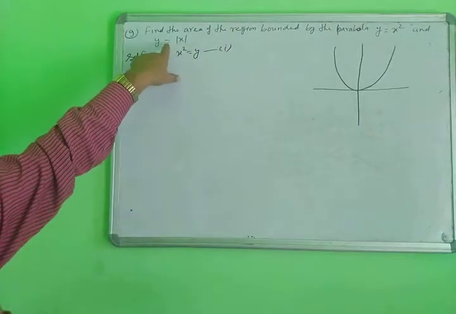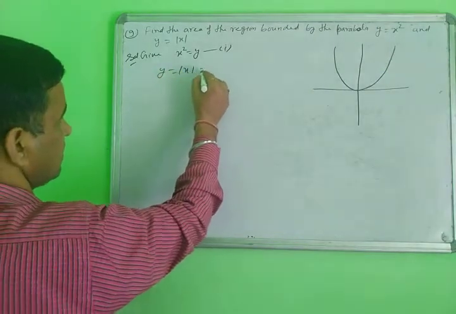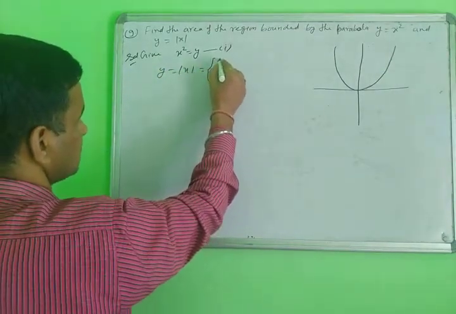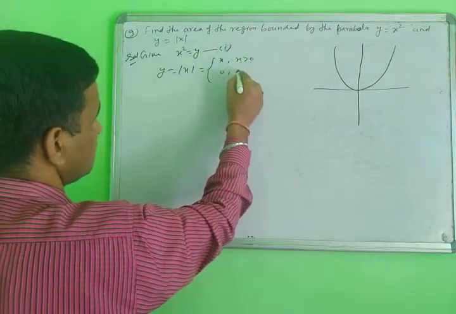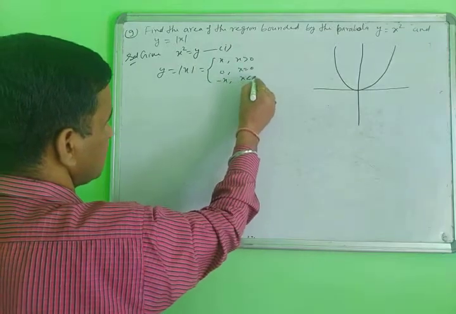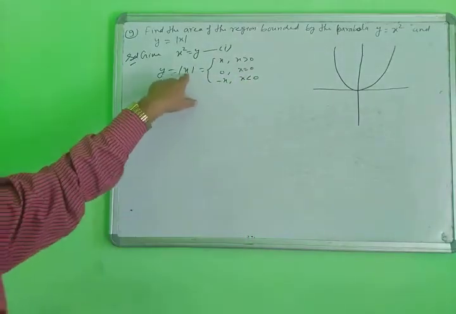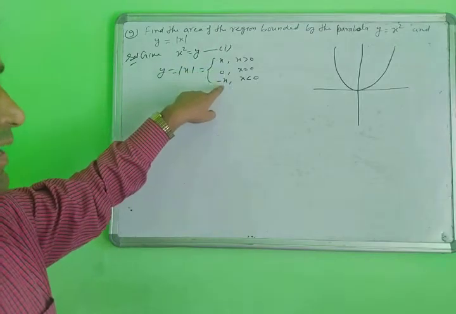Then we will draw the line y equal to mod x. You can convert it: plus x if x is greater than 0, 0 if x equals 0, and minus x if x is less than 0. So x has three values, x, 0 and minus x.